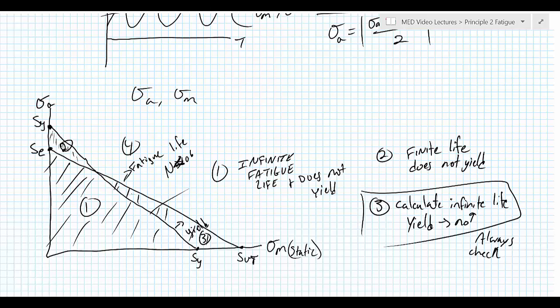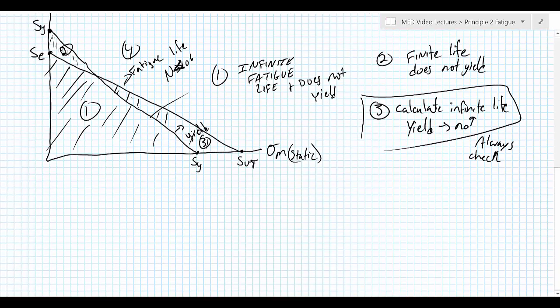3 and 4. All right, so the equation for this line here is how we define our fatigue factor of safety. How close we are to this line tells us how close we are to not lasting a million cycles. So we can come up with an equation for that line to define our factor of safety: the amplitude stress over the endurance strength plus the mean stress over the ultimate strength.